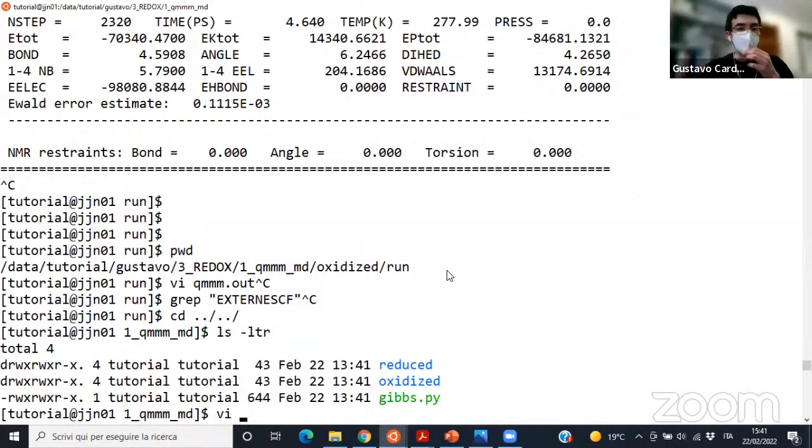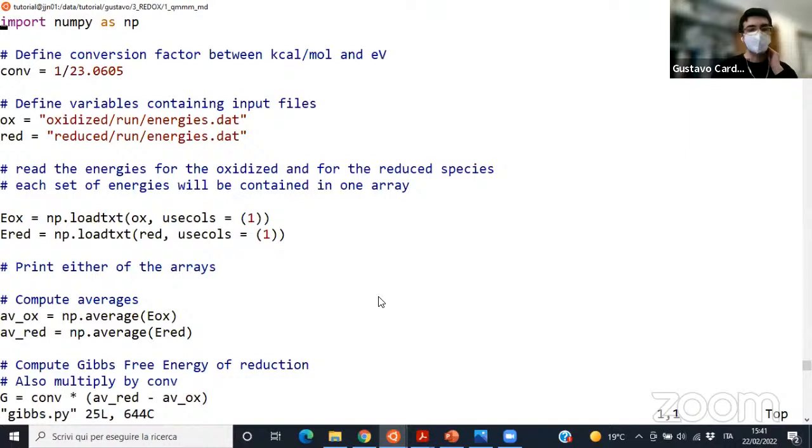An important thing, I will show it also because we will also use it for the second part, because in the second part we will compute the Gibbs free energy in pretty much the same fashion as we're doing here. Now the difference is the way we're fetching the energies. Okay, this is a Python script. The only thing that it will require is NumPy.